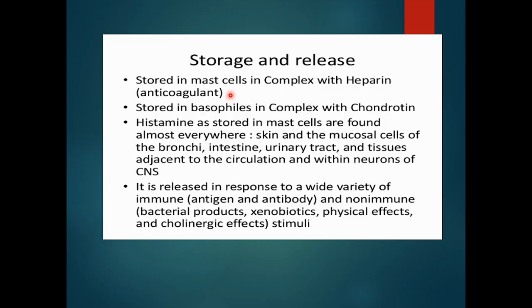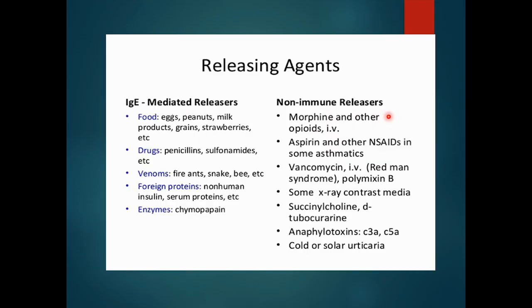So coming to the storage of histamine, histamine is stored in mast cells in complex with heparin, which is an anticoagulant, and this histamine is also stored in basophils in complex with chondroitin.